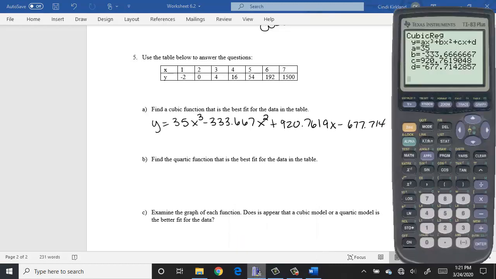Then it says to take the same data and find the quartic function. So we're going to go back to Stat, go to Calc, and quartic function is number 7. So A is 12.515. B would be negative 165.242. C is 748. D, negative 1,324.81. That is going to round to a 4, 814. And 738.286.